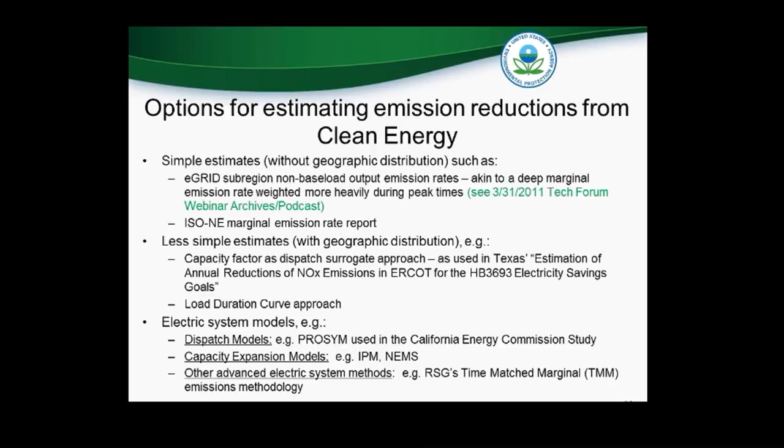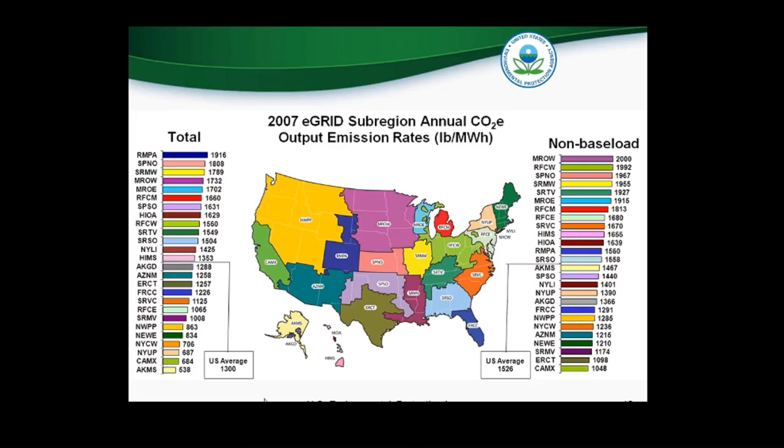Next slide, please. So here's a chart showing the eGRID carbon dioxide equivalent output emission rates for generation occurring within each of the different eGRID subregions. On the left is showing the total or system mix values. On the right are the eGRID non-baseload rates.